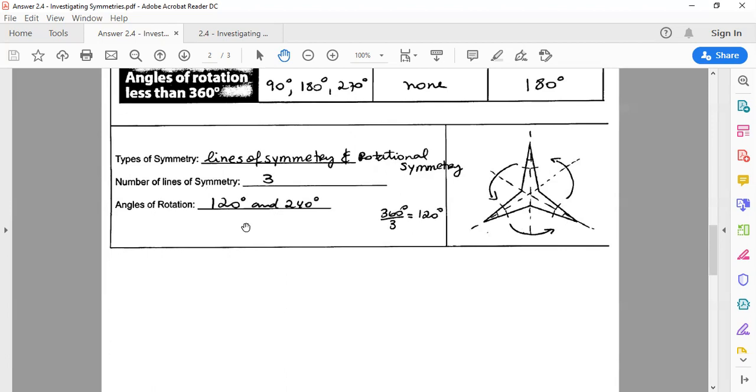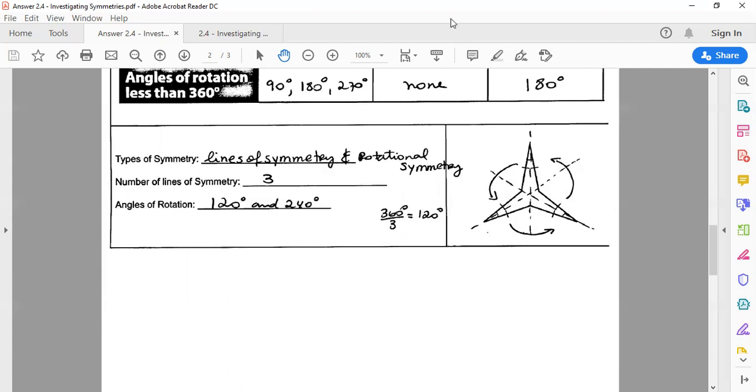The angles of rotation would be 360 degrees divided by 3, because I rotated 3 times, and I get 120. That means the angles of rotation are 120, and then 120 plus 120 would give me 240. So those are my 2 angles of rotation.